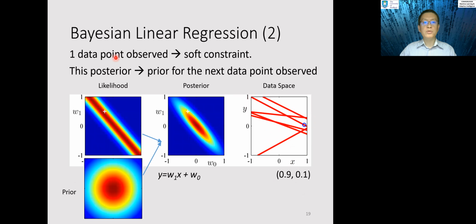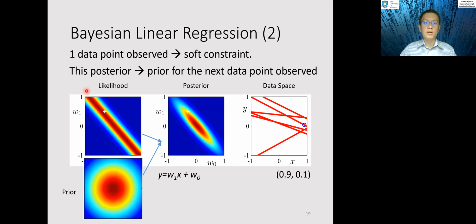Now suppose we have one data point observed, which is this blue circle. This will put some kind of soft constraint on the model. The likelihood for this data point is over here. These are the values of W0 and W1 that will generate a line that is likely to pass this data point.